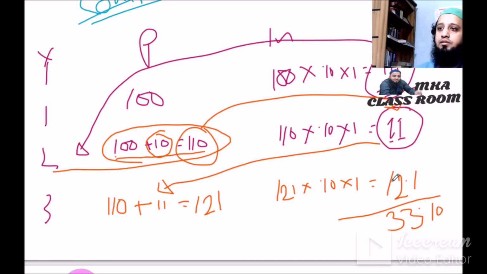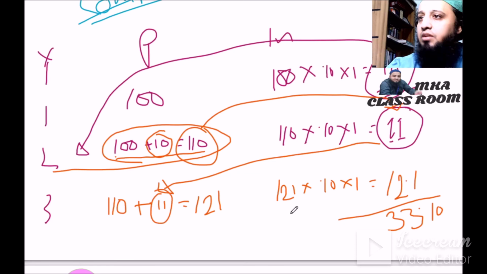Now it is clear. So the difference is in our interest. Here 10 taka interest is reinvested, here 11 taka interest is reinvested again. If we have a project of more than 3 years, this 12.10 taka will be added to 121 taka for the next, 4th year.